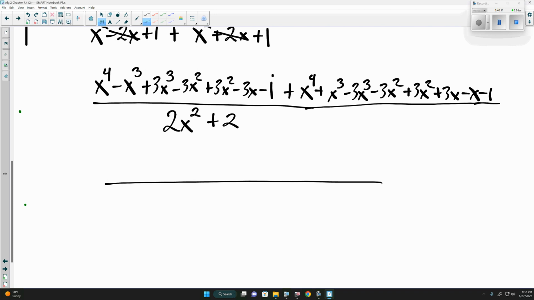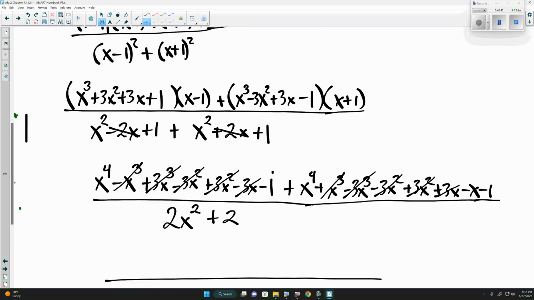Here, negative x cubed cancels. Negative 3x cubed and 3x cubed cancel. 3x squared and negative 3x squared cancel. Negative 3x and 3x cancel. And I think I'm missing a term somewhere here.